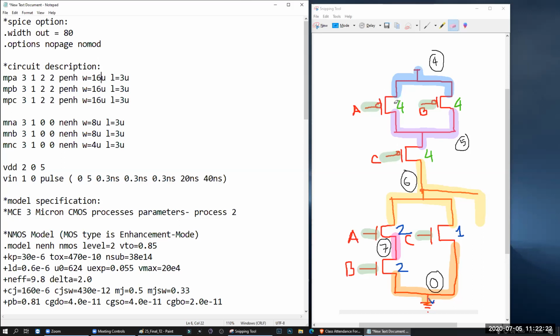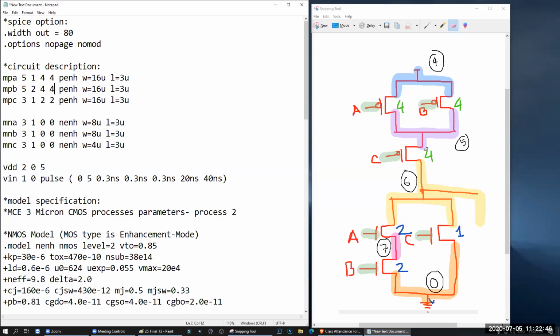So this one, MPA: drain, gate, source, body. So 5, 1, 4, 4. Next one: drain, gate, source, body. 5, 2, 4, 4. Okay.